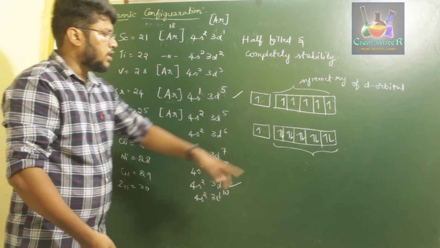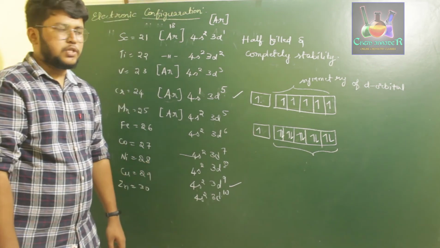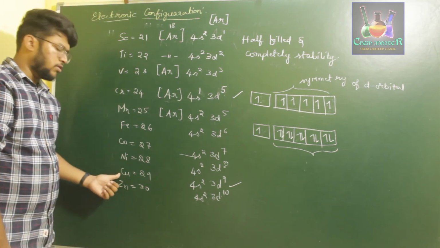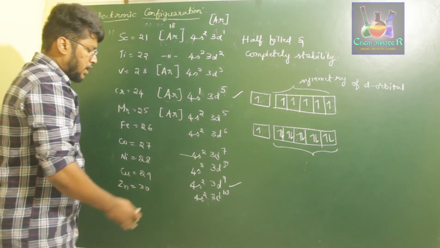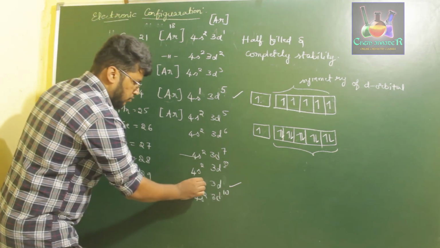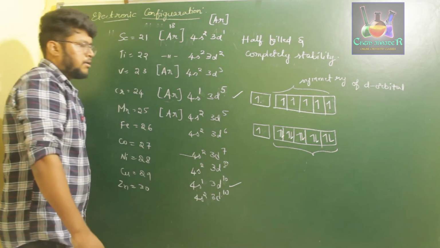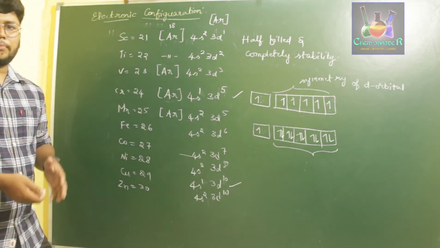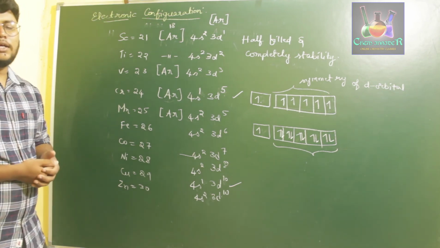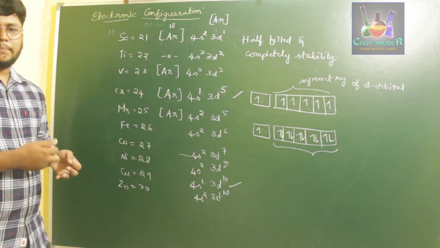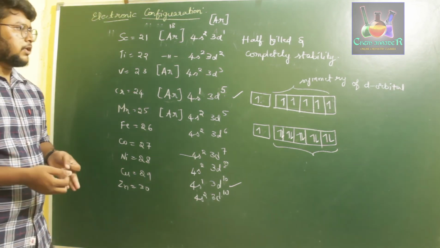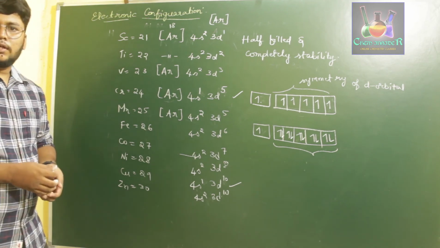So therefore this type where the d orbital is completely filled is called stability of a completely filled d orbital, which is observed in copper 29. So therefore the electronic configuration of copper is not 4s2 3d9 but it is 4s1 3d10, because half-filled orbitals, except in the case of the s orbital, p, d, f, half-filled p, d, f and completely filled p, d, f are more stable when compared to any other orbitals of a given atom.